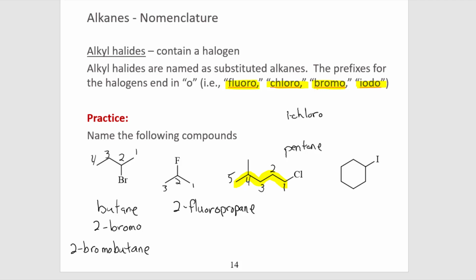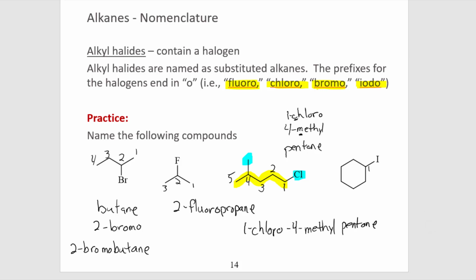And I see that I've got 2 substituents, right? The chlorine and the methyl group. I have a 4-methyl. I have to alphabetize. I've got chloro and methyl, so it's 1-chloro, 4-methyl, pentane.